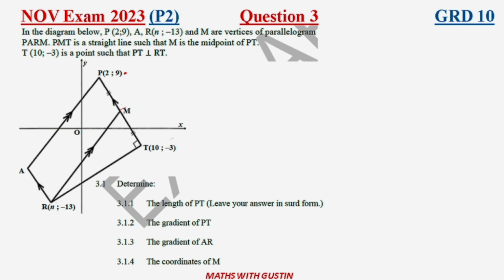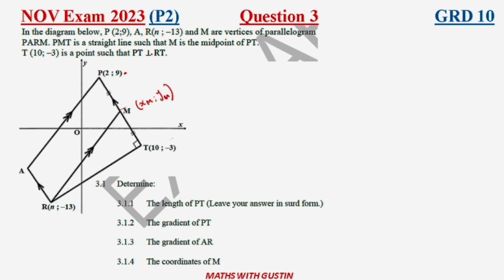And then they said MT is a straight line such that M is the midpoint of the line PT. T is given by (10, -3), and PT is perpendicular to RT.